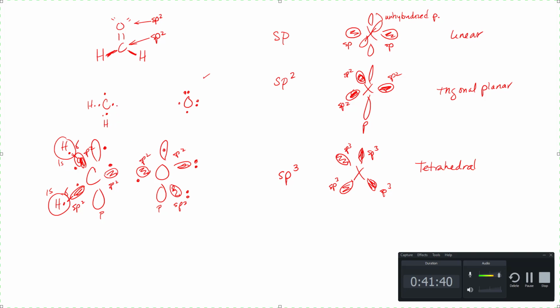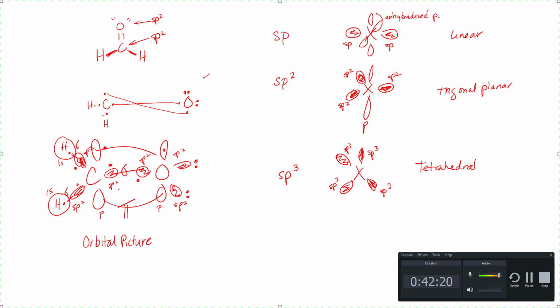We would form a sigma bond between the carbon and oxygen, which would be the overlap of those two sp2 hybrid orbitals and the sharing of those two unpaired electrons. And then in order to form the pi bond here, we would sideways overlap the p orbitals to form the pi bond. And so this would be what I call an orbital diagram or an orbital picture of that formaldehyde molecule, showing how we form the sigma and pi bonds from the particular orbitals.